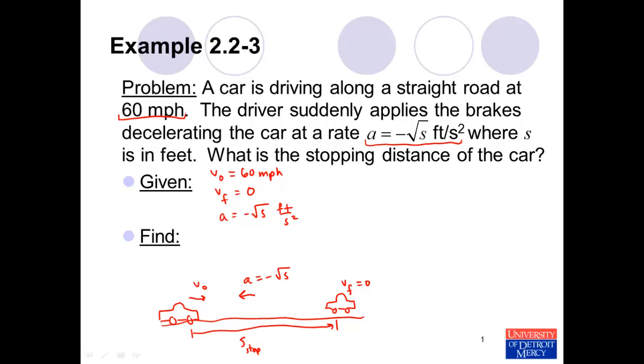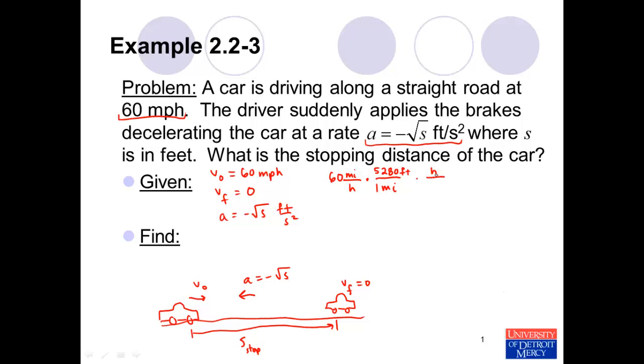So in order to keep the units consistent, we need to change the units of our initial velocity from miles per hour into feet per second. The way we do that is with dimensional analysis. We want to cancel the miles, and we recall that 1 mile is equal to 5,280 feet. And then we want to convert the hours into seconds.